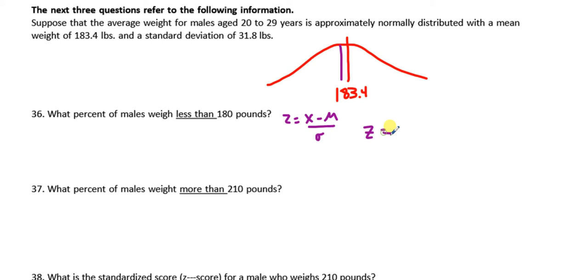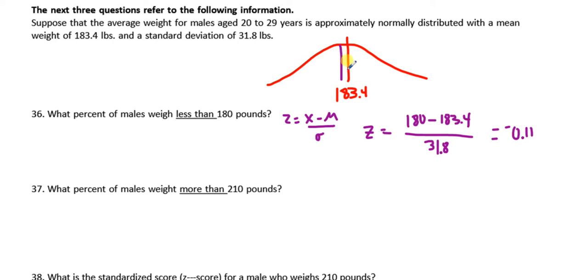So Z equals X, which is 180, minus 183.4, which is our mean, over the standard deviation, which was 31.8. If you calculate that all out, you get a negative 0.11. That's our Z-score.